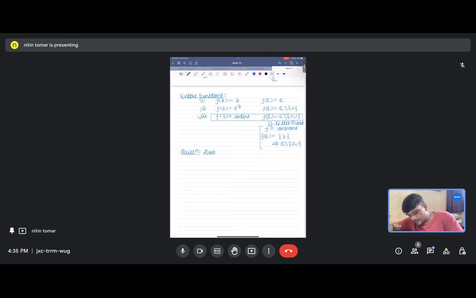Does there exist an entire function which skips or which omits integer values, for example? What should be your answer?